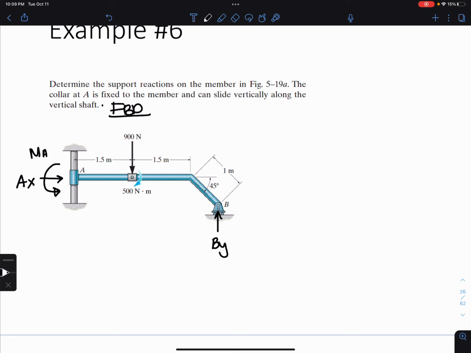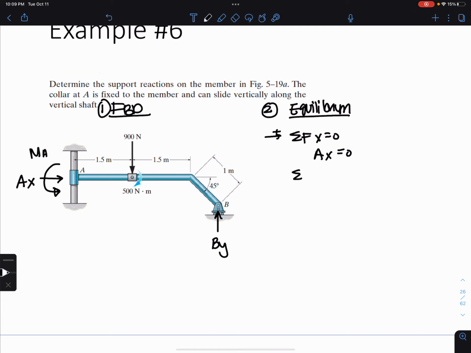Now, this is step 1. I only have one force in the x direction, AX, so it's equal to 0. Nothing else to put there.